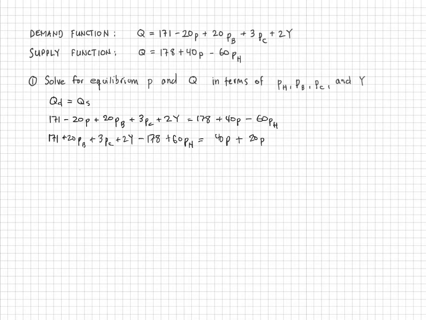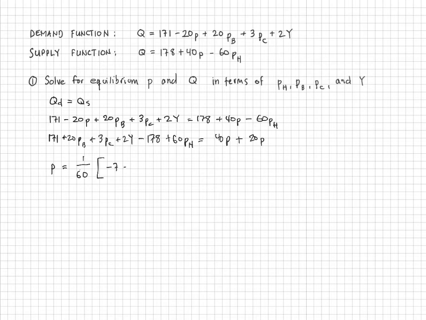So now I'm going to go ahead and solve for p. I'm not going to simplify very much at all. What I want to get here is an expression in price. So obviously I'm going to have 60p, so I'm going to have to divide the right-hand side by 60. 178 minus 178, that's minus 7, sorry. That's minus 7.